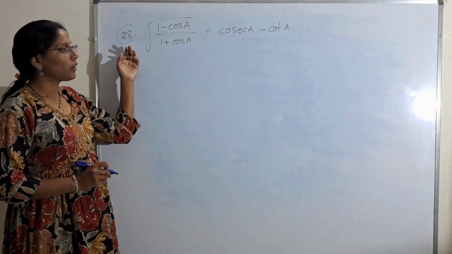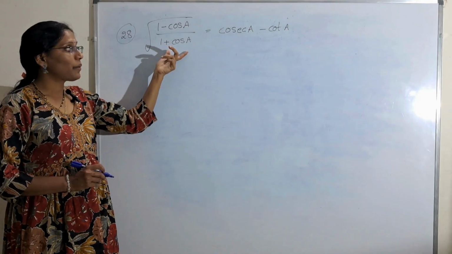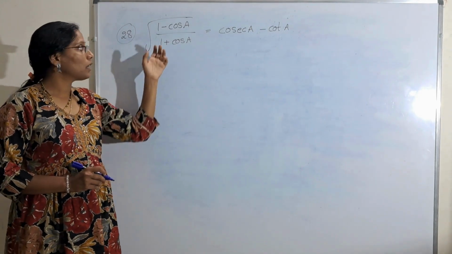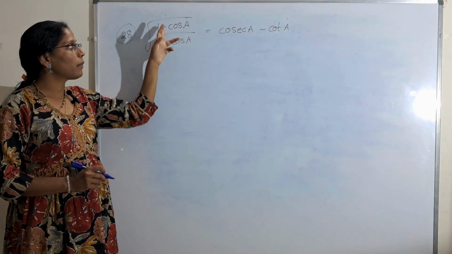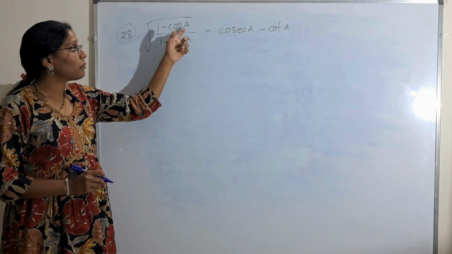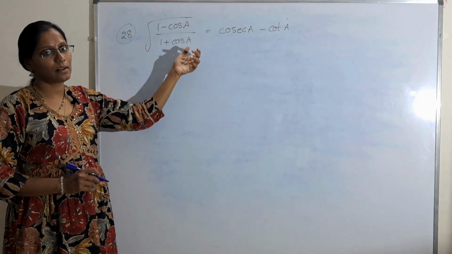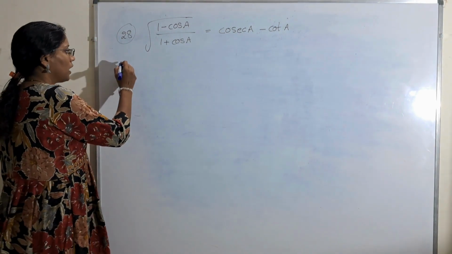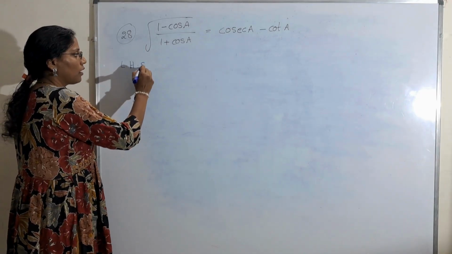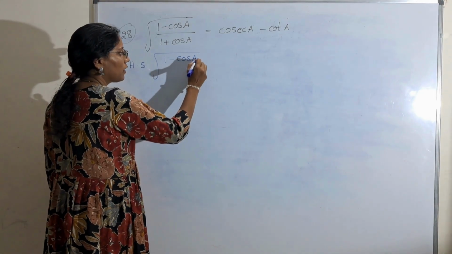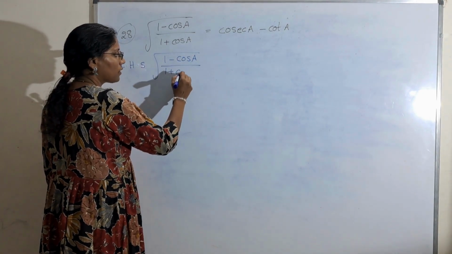Next problem is the 28th one. The 28th problem is the same as the 27th problem. There we solved root of 1 minus sin A by 1 plus sin A. In this problem it is 1 minus cos A by 1 plus cos A. We take the LHS and find the RHS. Root of (1 minus cos A) by (1 plus cos A).